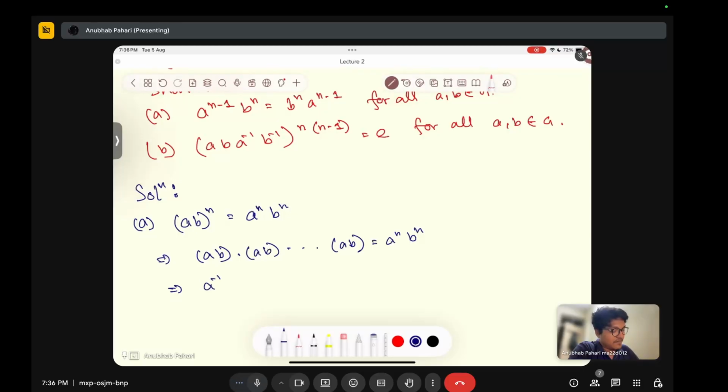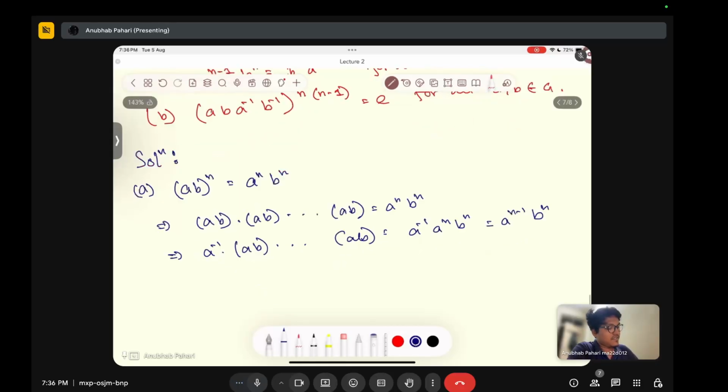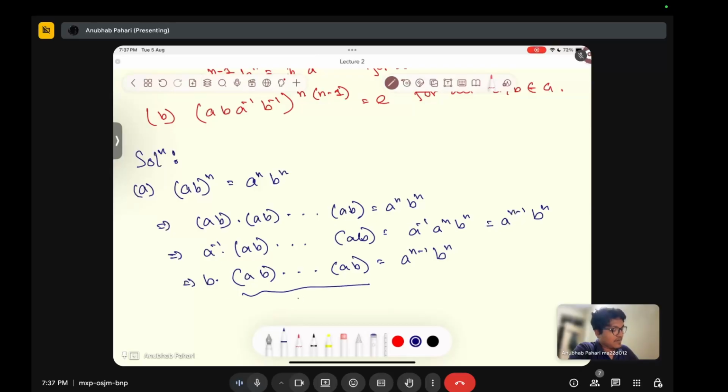If I multiply a inverse on both sides, it should be a inverse a^n b^n, which is a^(n-1) b^n, and this is b times n minus 1 times.